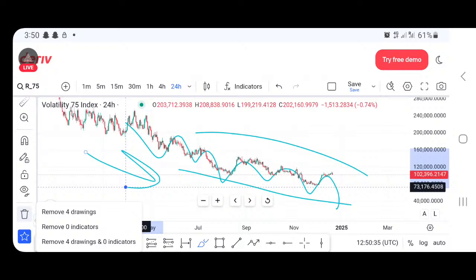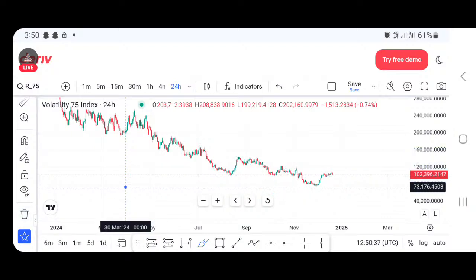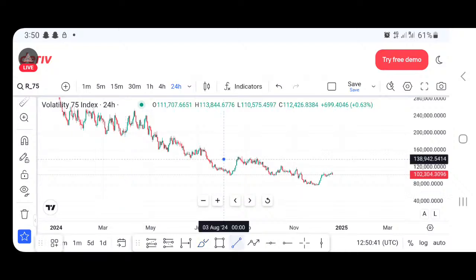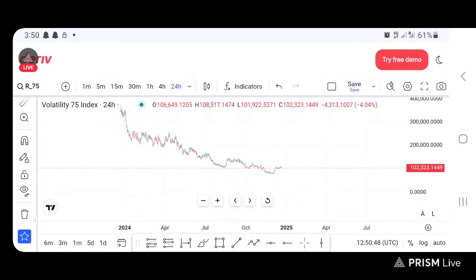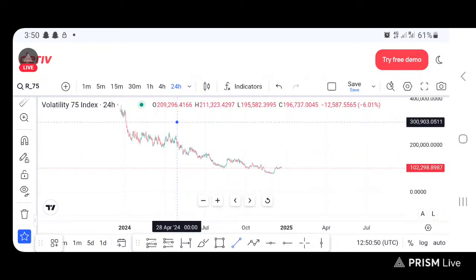So as well, you can see here right now that the market makes lower lows and lower highs. When we pull up our trend line and connect from this side and then pull it down, we can see that the market is moving like this.